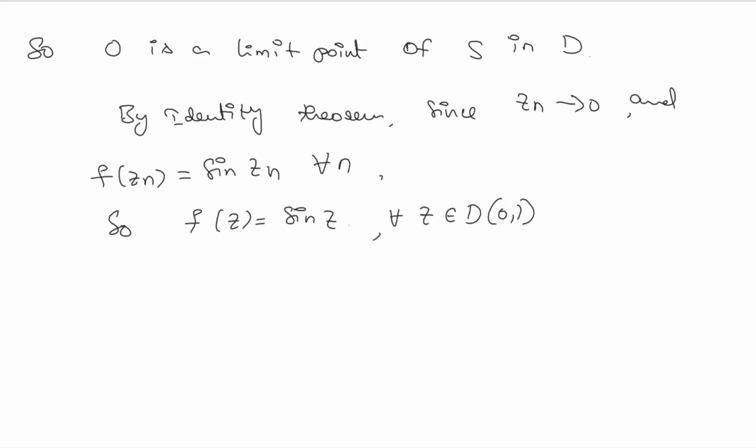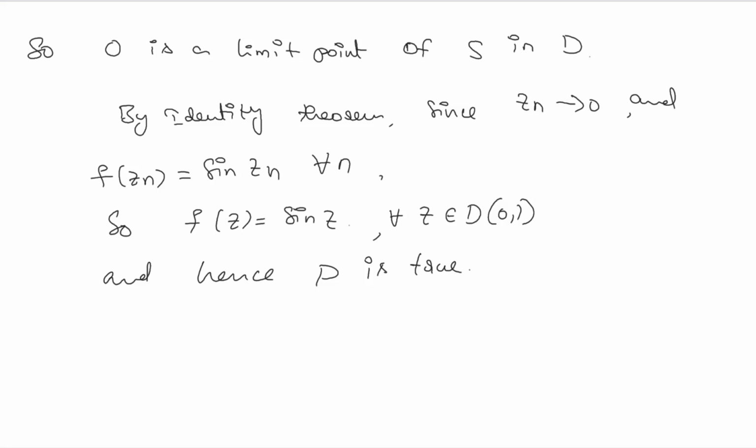So we have f(z) = sin z for all z in D, and we can see easily that this is the unique function and there does not exist any other. Hence P is true.